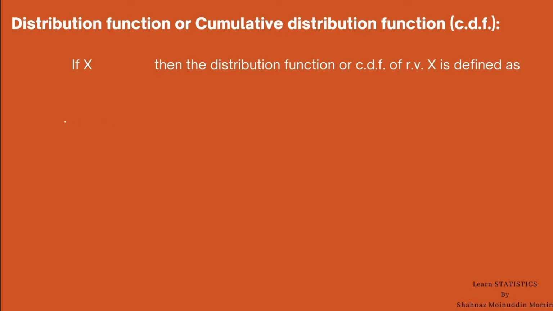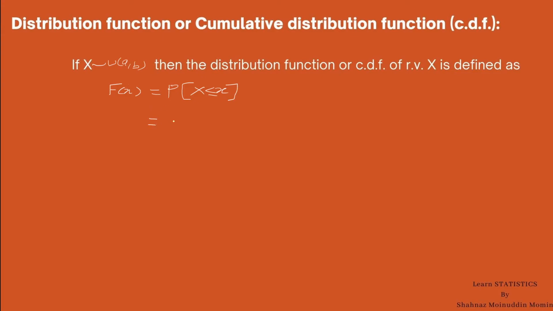If x follows uniform a, b, then the distribution function or c.d.f of a continuous random variable x is defined as, the c.d.f is denoted by F(x), and which is nothing but probability x less than or equal to x.